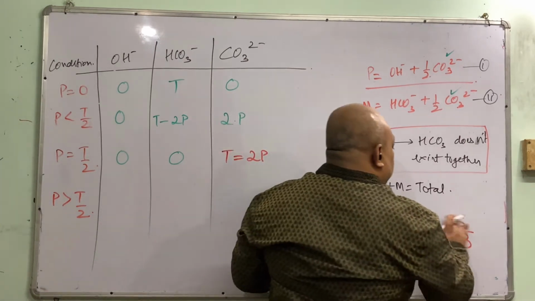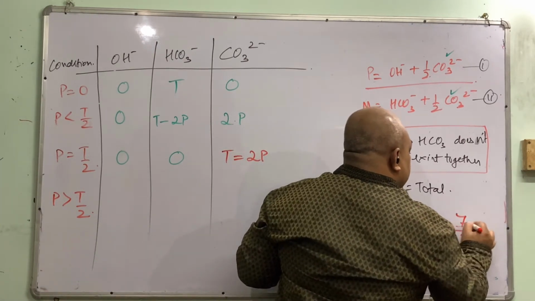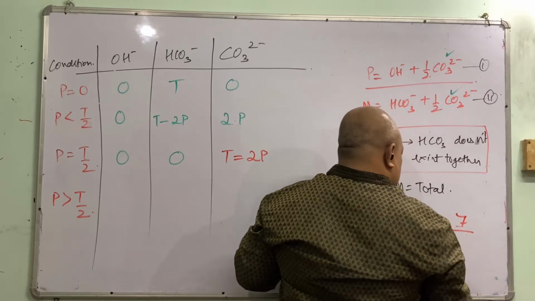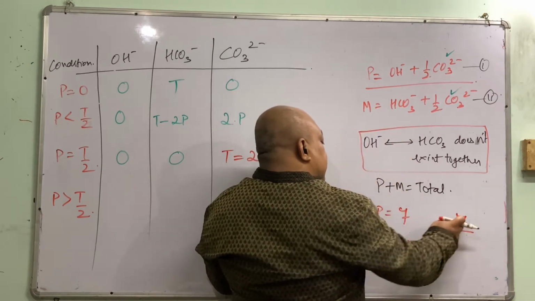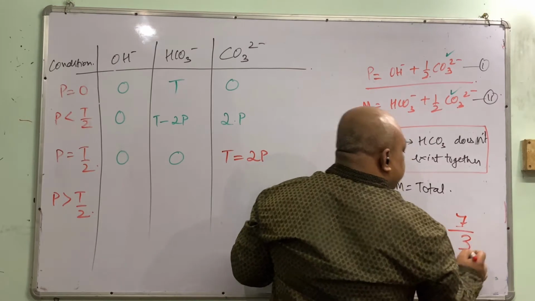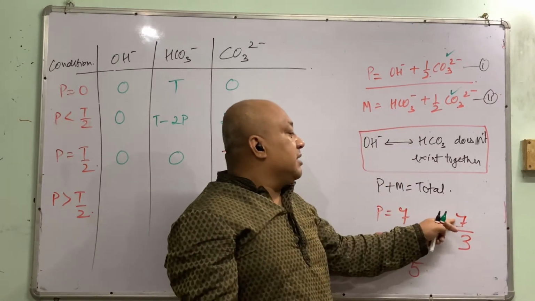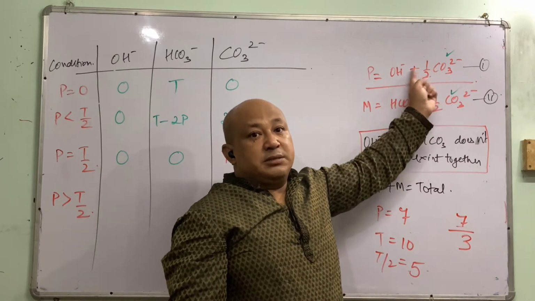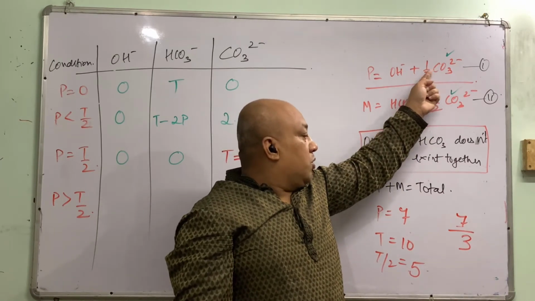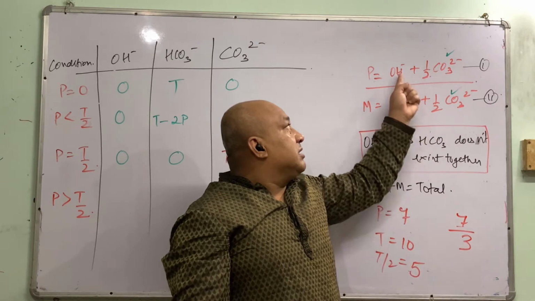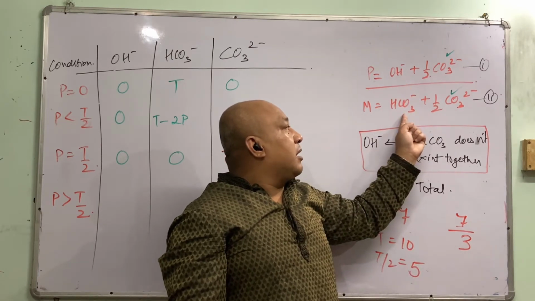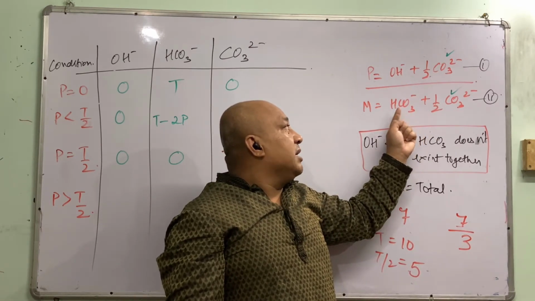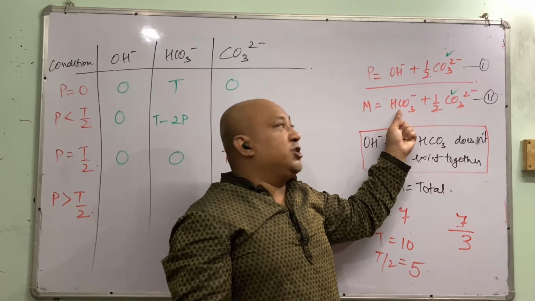That means on the top, 7 is present, and below, the remainder will be 3. 7 is greater than 3, which means both the ions are present. So below 3, since OH and bicarbonate cannot be present together, HCO3 is 0.